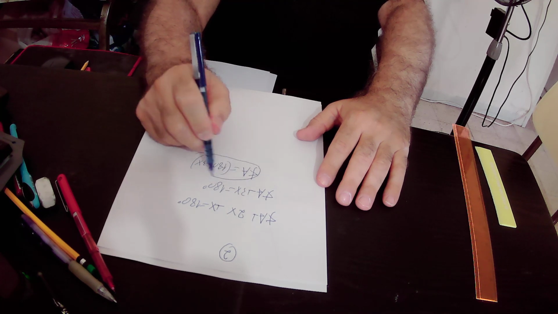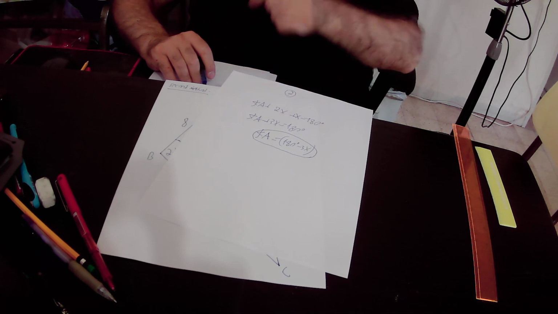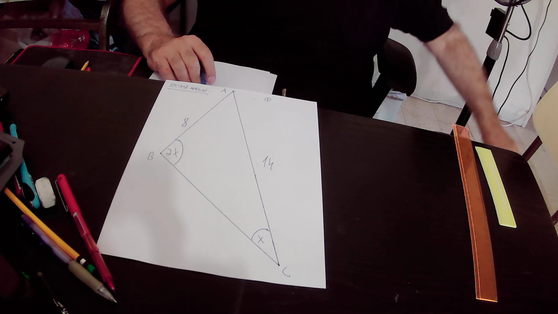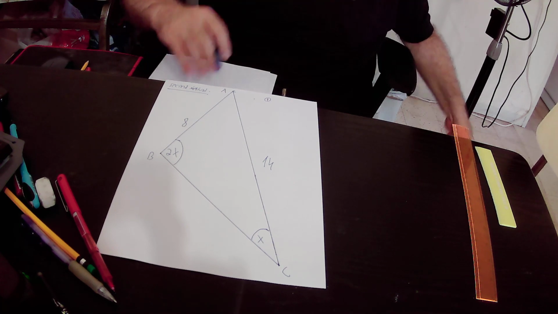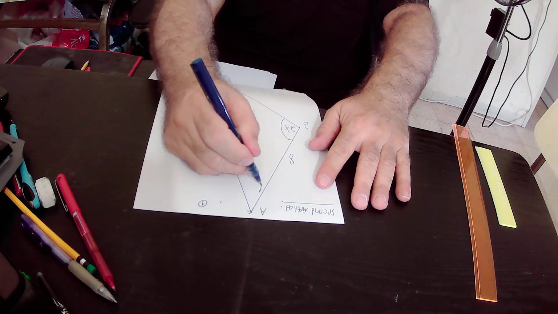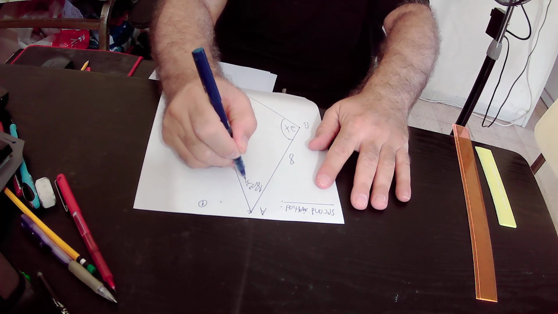Okay, we found the value of angle A. Angle A equals 180 degrees minus 3x. So we can write here that angle A equals 180 degrees minus 3x.